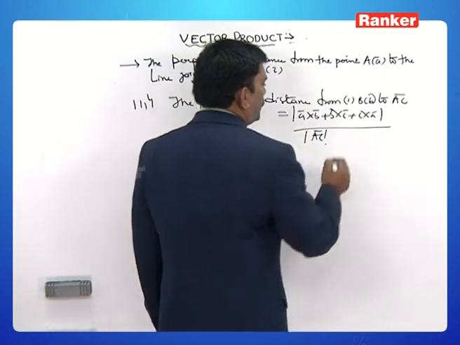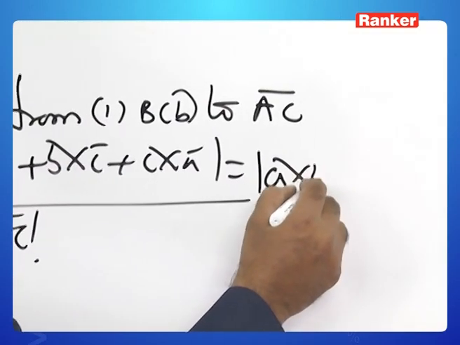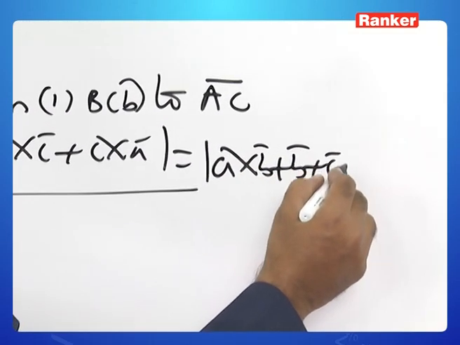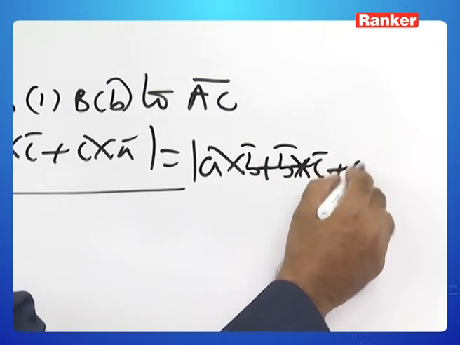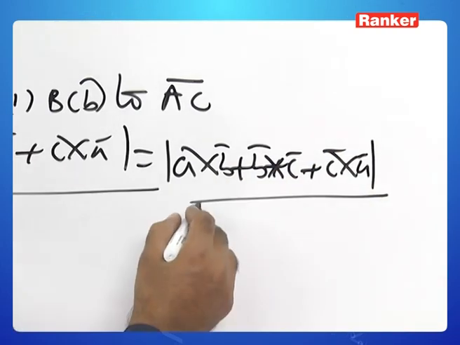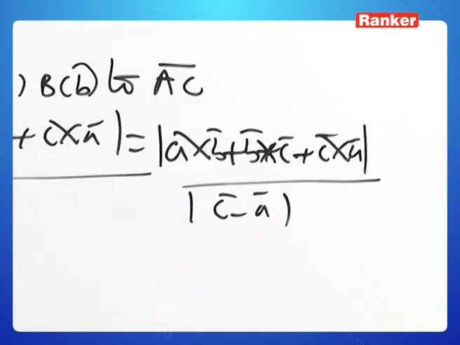I can write this one as A bar cross B bar plus B bar cross C bar plus C bar cross A bar by modulus of C bar minus A bar.